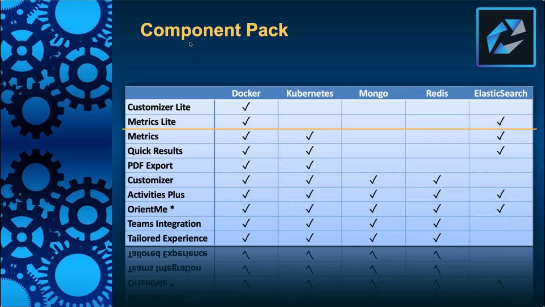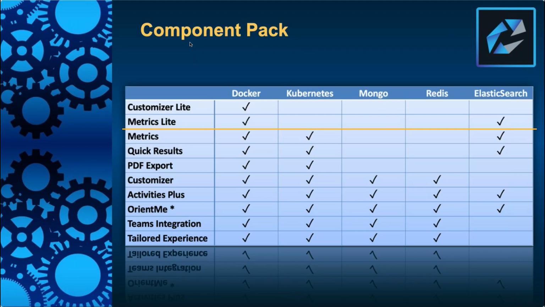And then we have Activities Plus, Orient Me, the Teams integration, and what we call tailored experience, which is an extension to the community model where you get the support for community templates as well as the creation wizard. All of that comes with a component pack, and that explains a little bit why you have all these components on the slide before that are required.